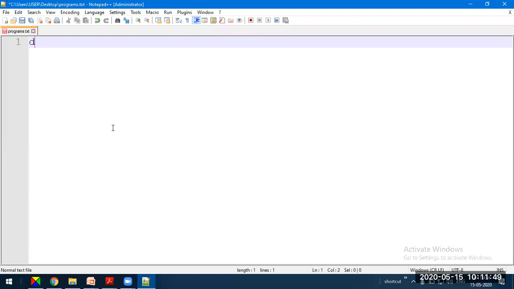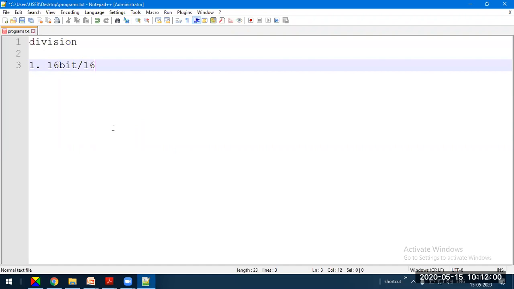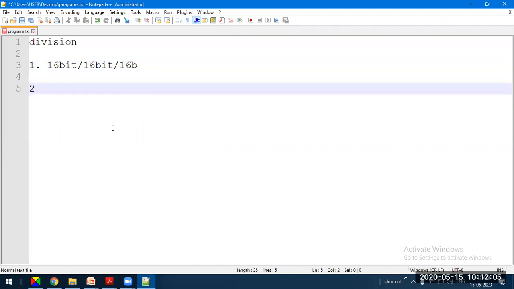So when it comes to division, one possibility is 16-bit divided by 16-bit. The other possibility is 16-bit divided by 8-bit.